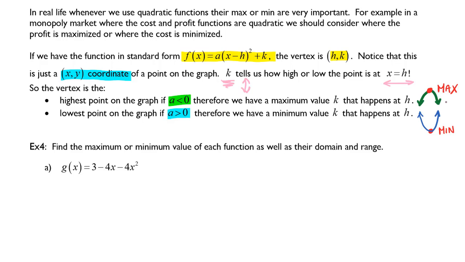Let's take a look at g of x equals 3 minus 4x minus 4x squared. First of all, I notice that the highest degree term is negative, so I know my parabola will be opening downwards, and I will have a maximum. Now let's write this in descending order of exponents. And then let's group the first two terms separate from the last one.